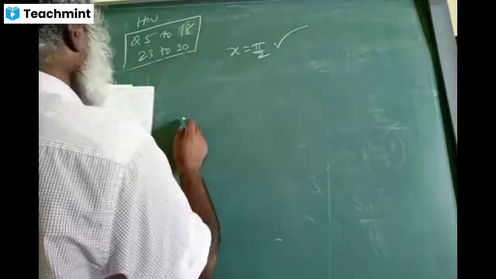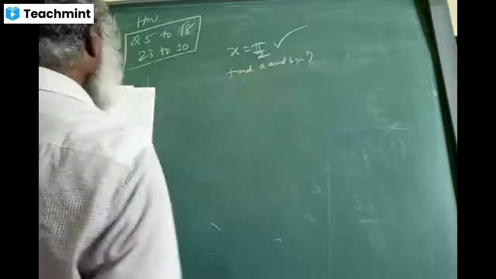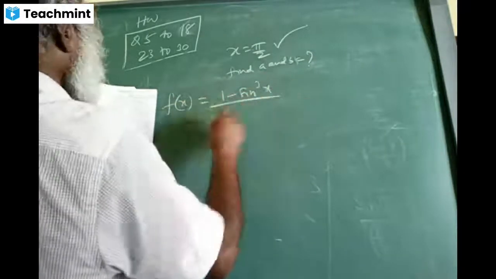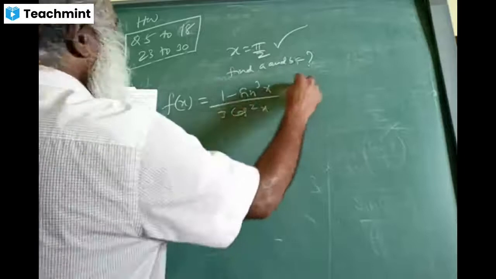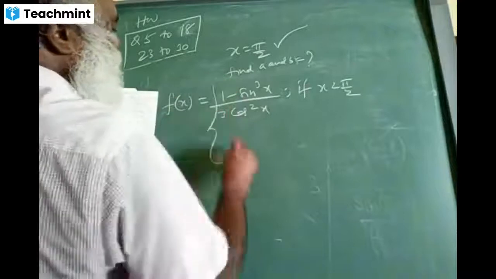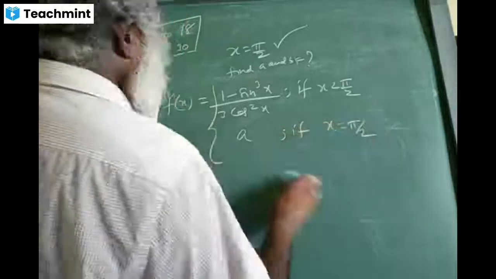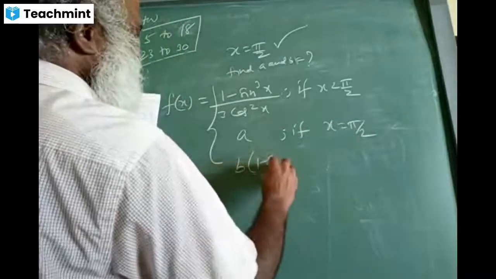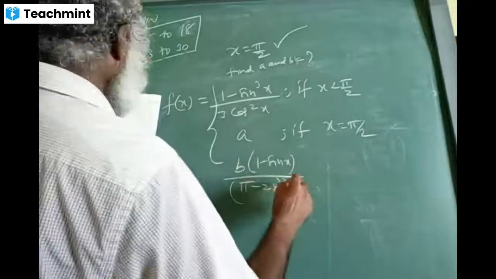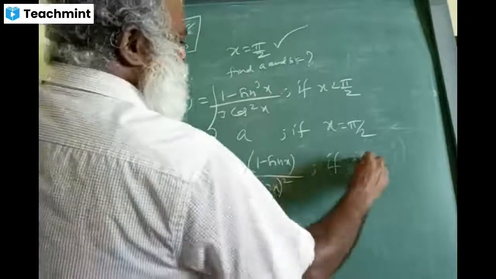Find a and b. f of x is given as (1 minus sin cube x) by (3 cos square x) if x is less than pi by 2; it is a if x equals pi by 2; it is b into (1 minus sin x) by (pi minus 2x) the whole square if x is more than pi by 2.